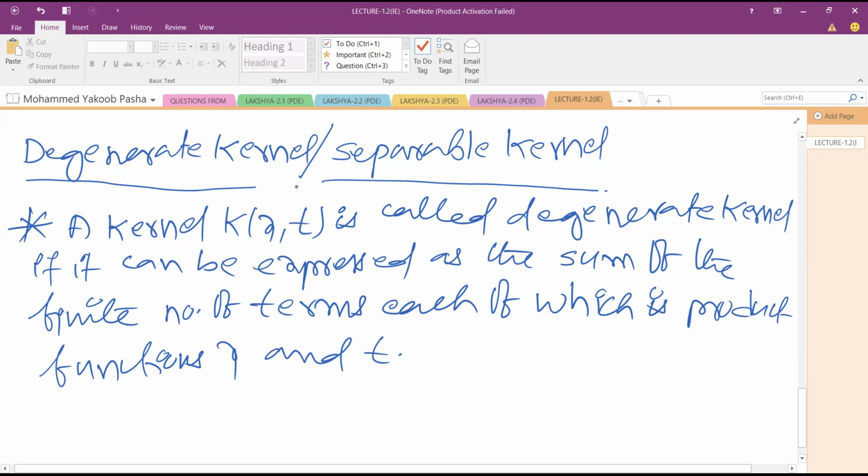Okay, that kernel k of x comma t can be represented as the sum of a finite number of terms, and each of which is the product of functions of x and t.